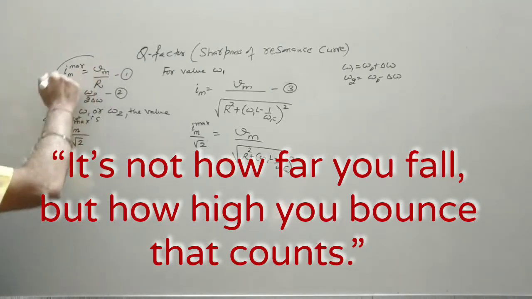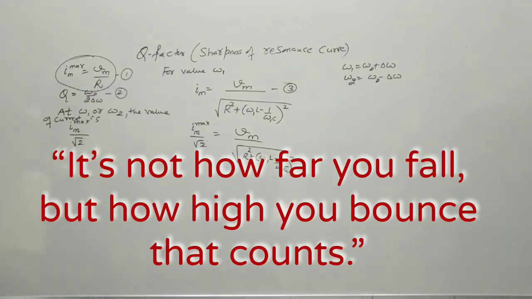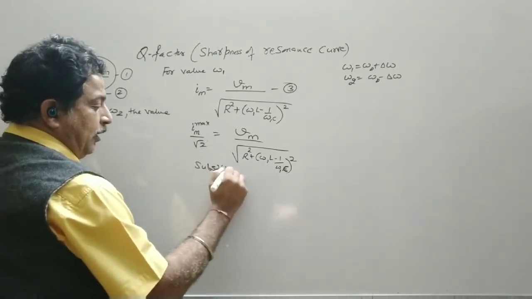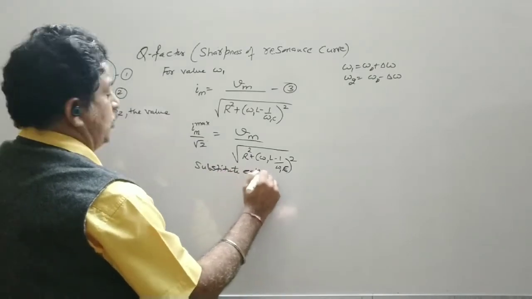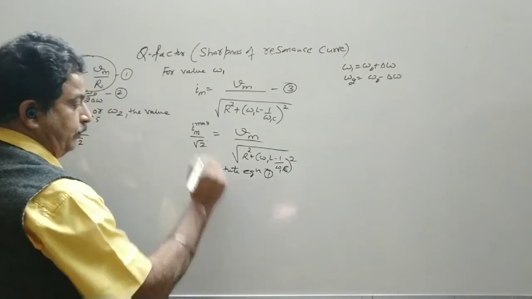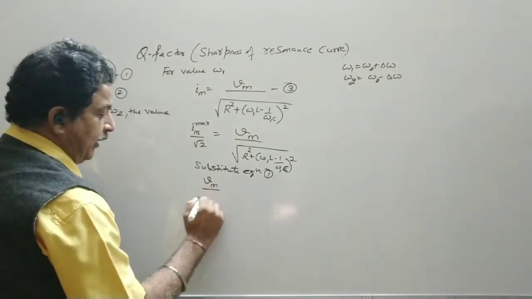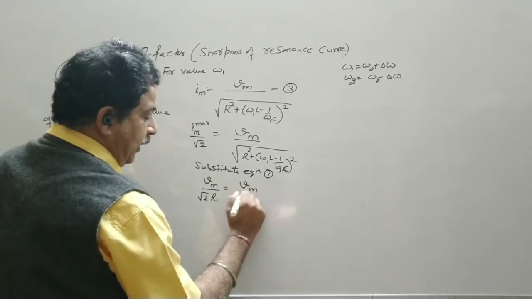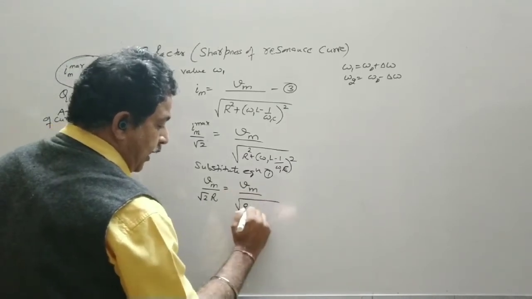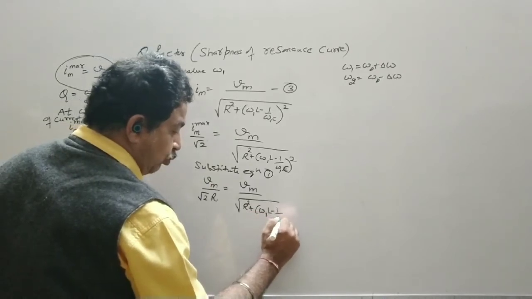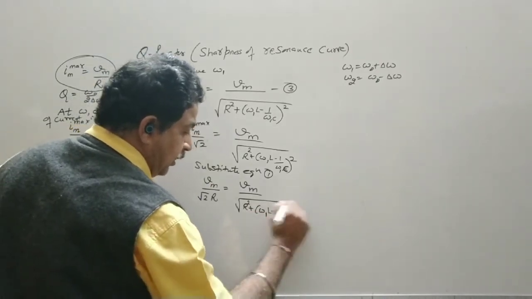Now, what is Im max? That is Vm by R. So substitute equation number 1. Then we have Vm divided by root 2 R is equal to Vm under root R square plus omega 1 L minus 1 upon omega 1 C whole square.